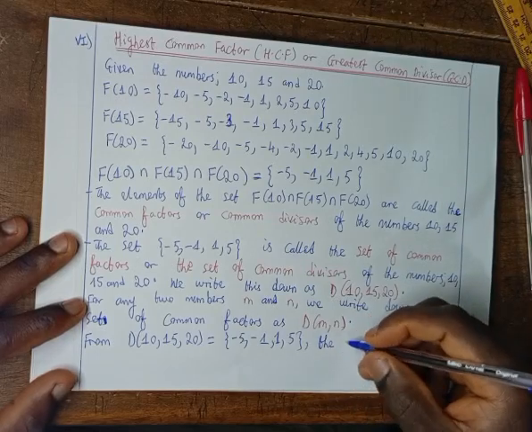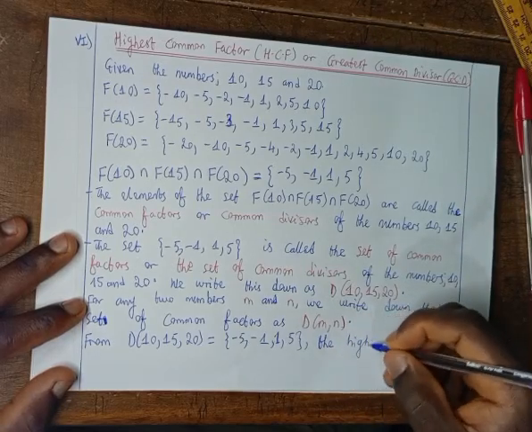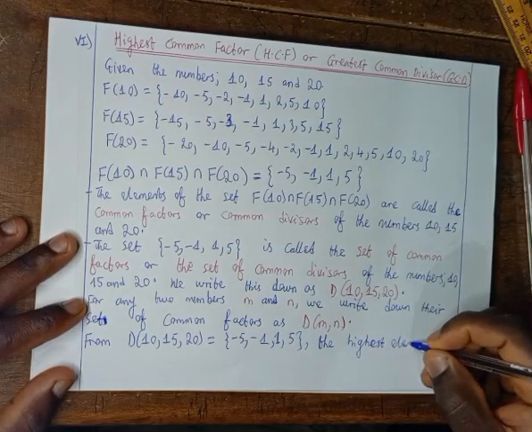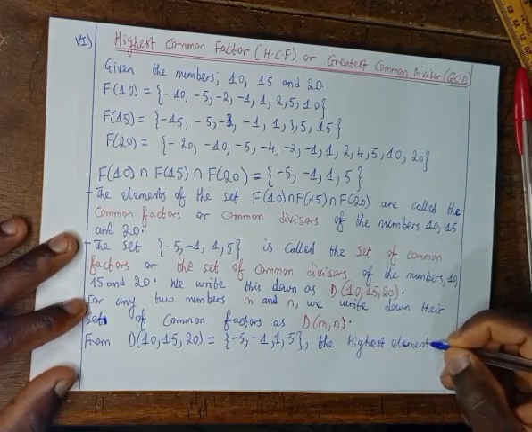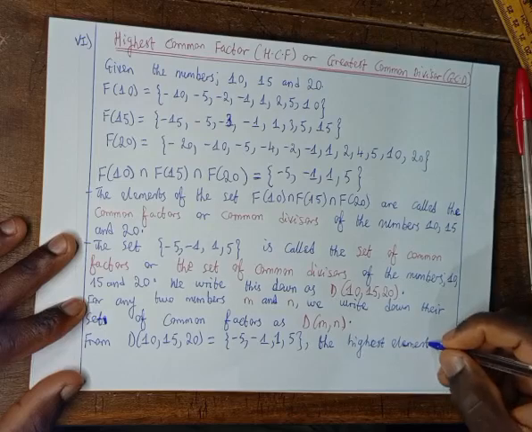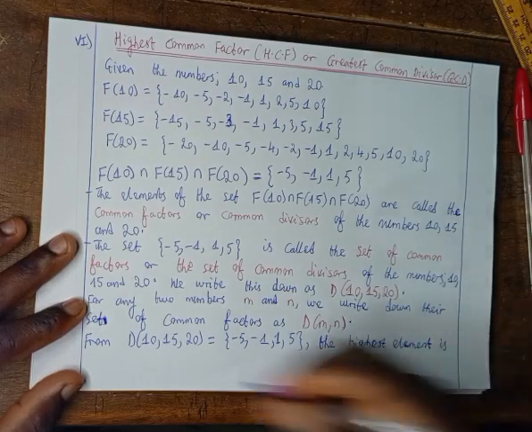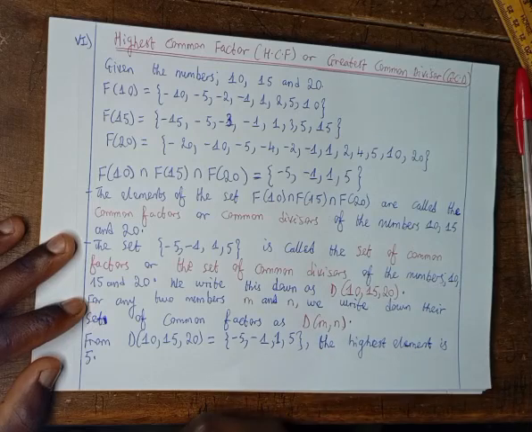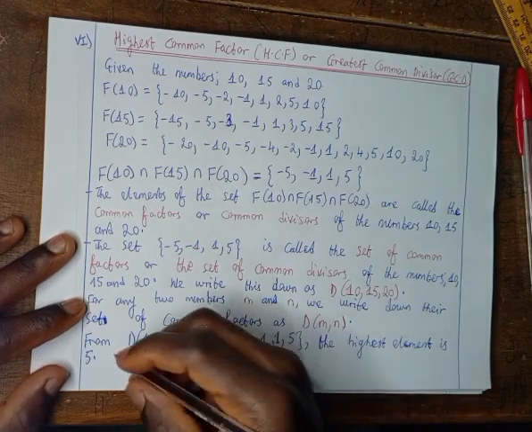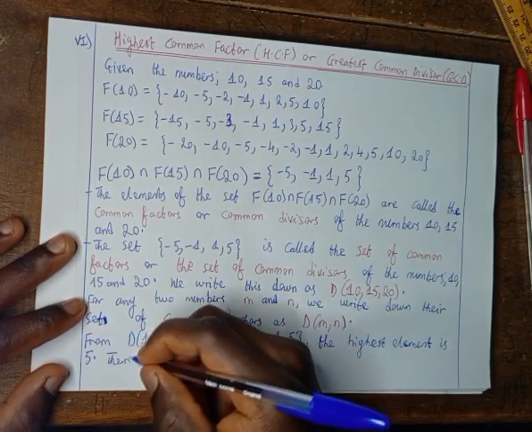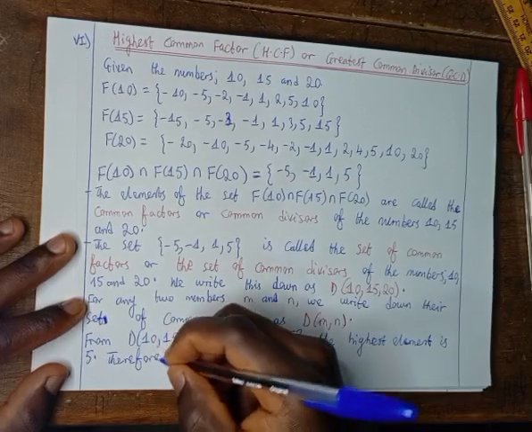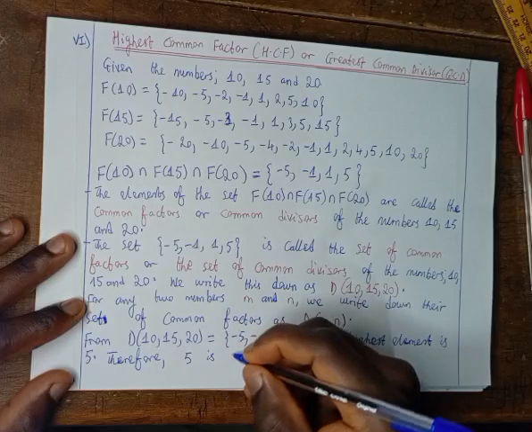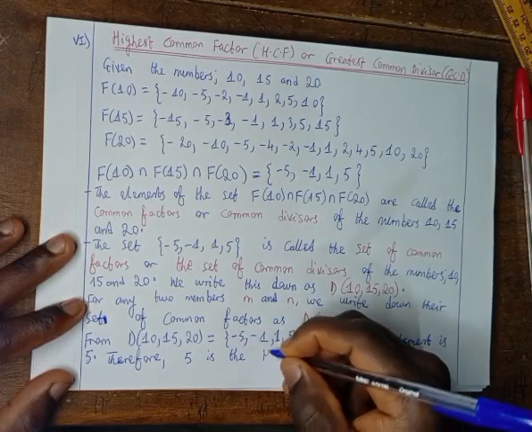The highest element, remember we call the members of a set elements, the highest element is 5. If you compare all these numbers, 5 is the biggest. Therefore, 5 is the highest common factor.